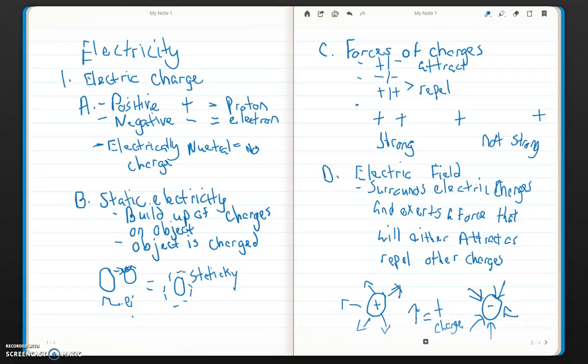If this balloon comes in contact with positive charges, because it's already positive, then those positive charges will go away. Whereas with this negative charge balloon, if all these arrows represent positive charges, then they're going to be attracted to it, because positive and negative attract one another, right?